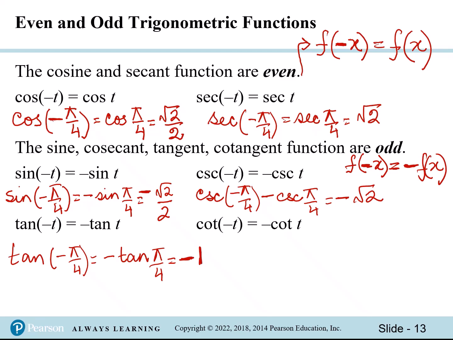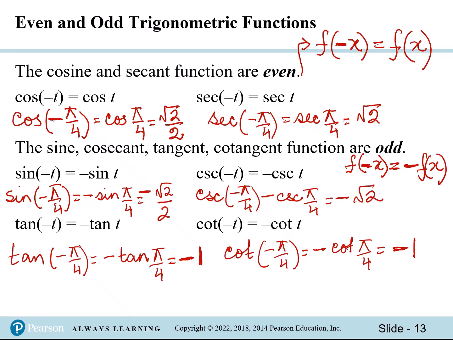Cotangent of negative pi over 4 is equal to negative cotangent of positive pi over 4, which is negative 1. So that's how the even and odd functions work for the trigonometric functions. Just remember, cosine and the secant are the only two functions that are even. The rest of the trigonometric functions are all odd functions.